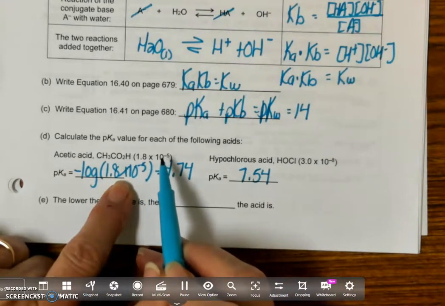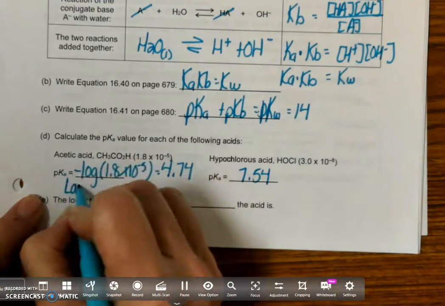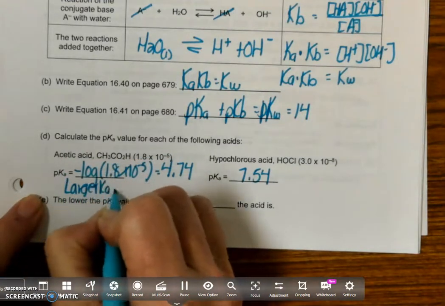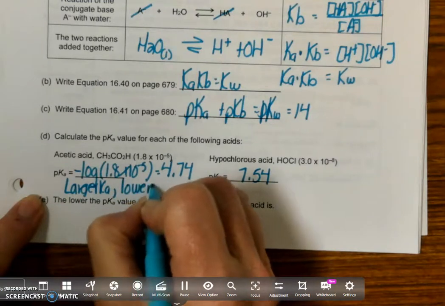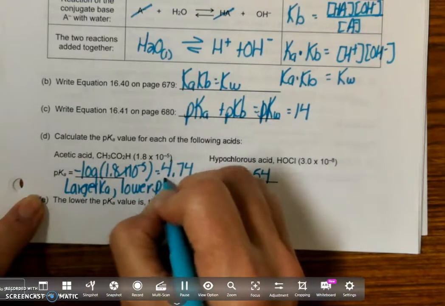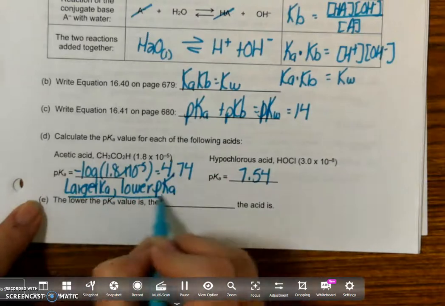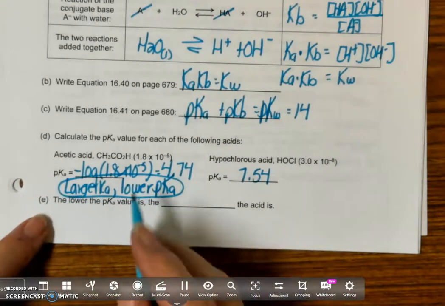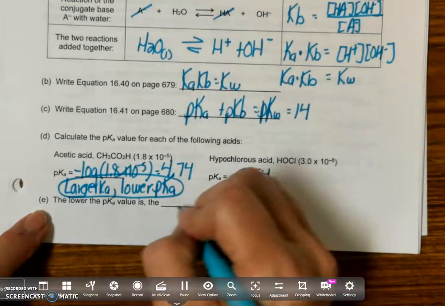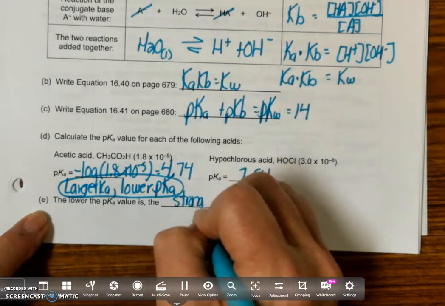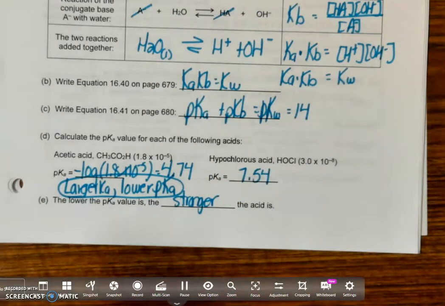It has the larger Ka, lower pKa. That's going to be tricky. The lower the pKa, the stronger the acid. It follows right with pH. The stronger the acid, the lower the pH.